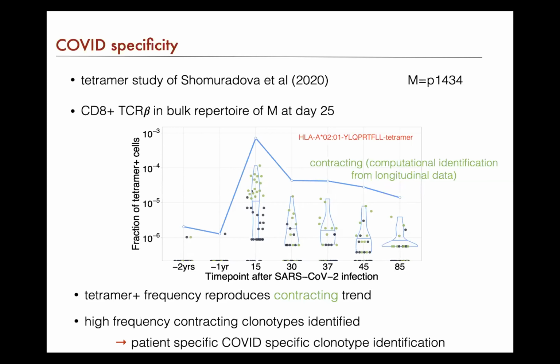So you see that the computational study identifies essentially all of the high frequency clonotypes that are found in the tetramer study. So this shows on one hand that our clones are COVID specific. On the other hand, it shows that this computational method is able to identify the large responding COVID specific clonotypes in a single patient without any cohort information.